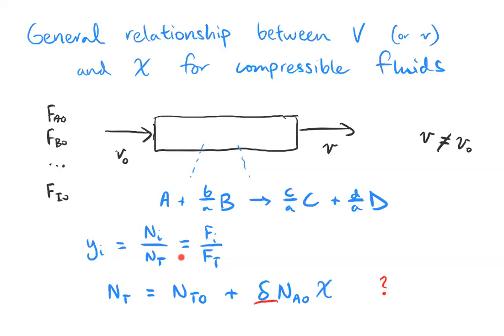And so what I want to explain here, I'll try to fit it on the same page, is that delta, as you define from your stoichiometric table, is just d over a plus c over a minus b over a minus 1.